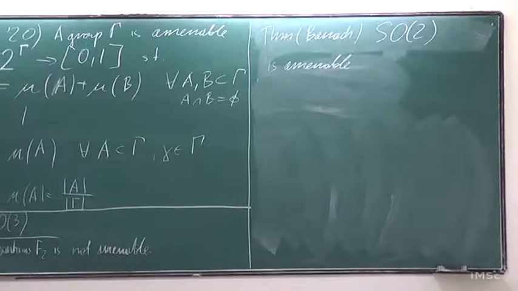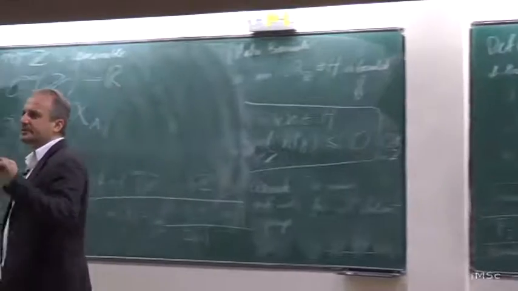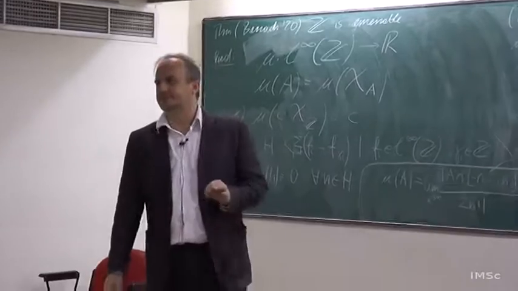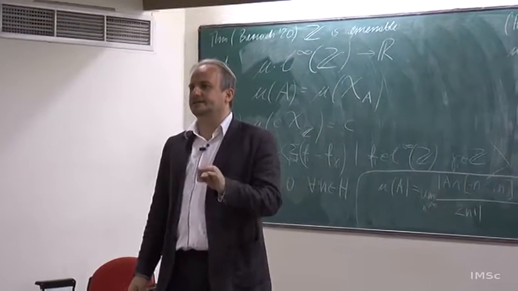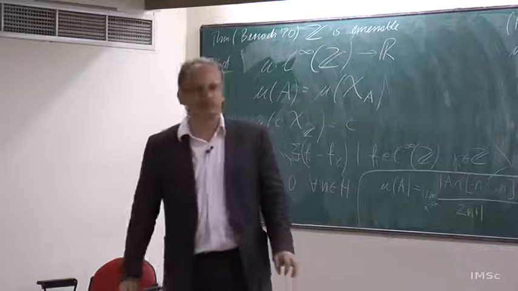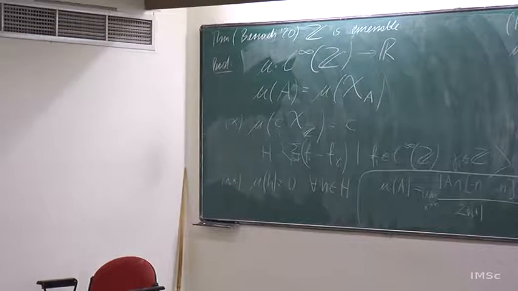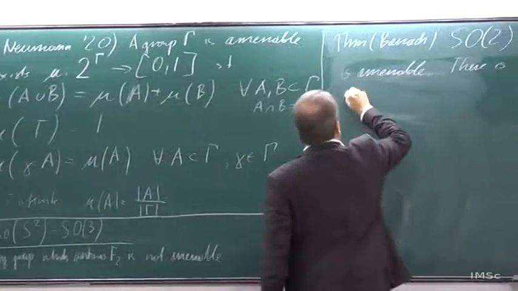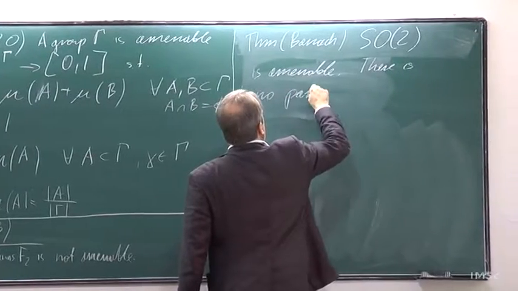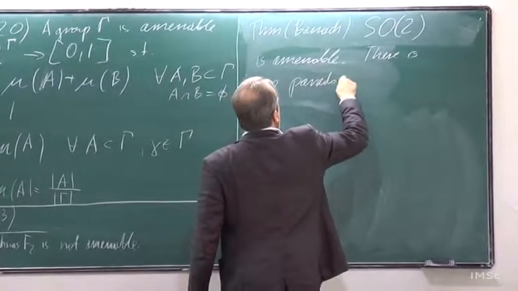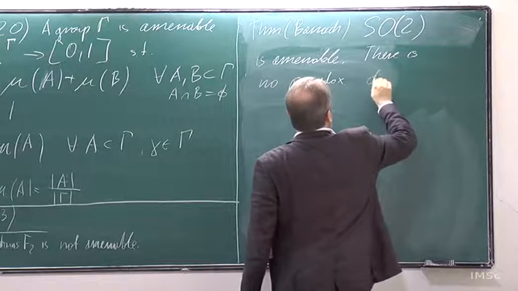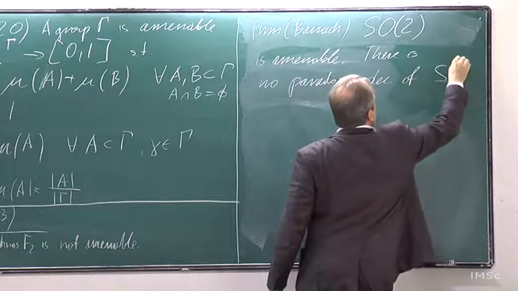Therefore, on S1, on the circle, there exists a probability measure defined on all subsets, which is finitely additive and invariant under rotations. So there is no paradoxical decomposition of S1.